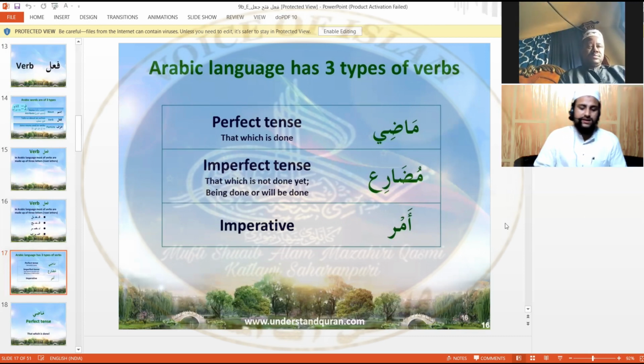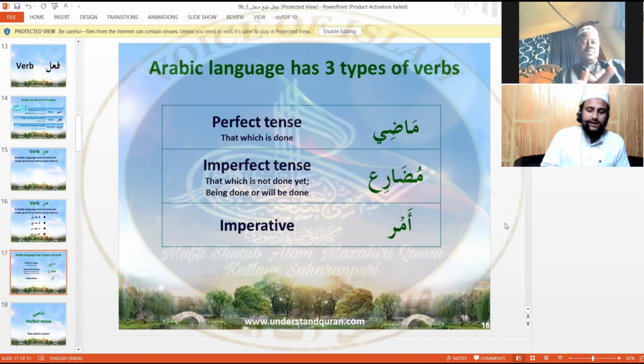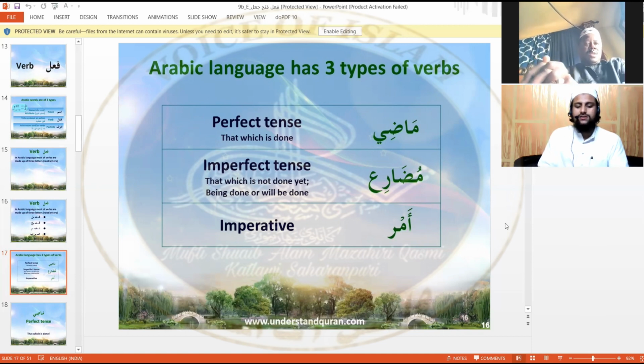Amr, imperative. So there are 3 types of verbs in the Arabic language: Madi, Mudari', Amr. Perfect tense, that which is done. Imperfect tense, that which is not done yet, being done or will be done. And the third one is imperative.